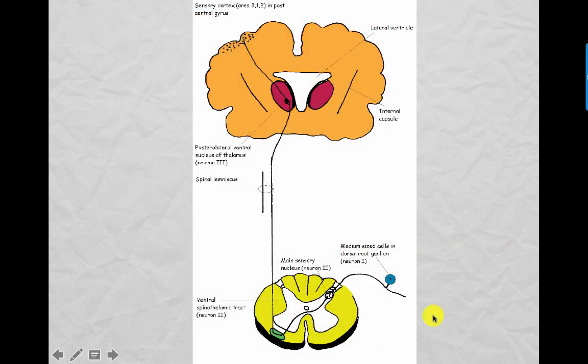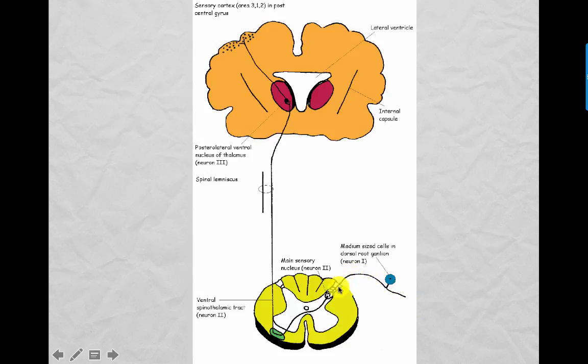Then after that, these impulses will be carried by the peripheral branches of the first order neuron, which is the medium-sized cells present in the spinal ganglia. The cell is medium in size and the peripheral branches are medium-sized myelinated nerve fibers.